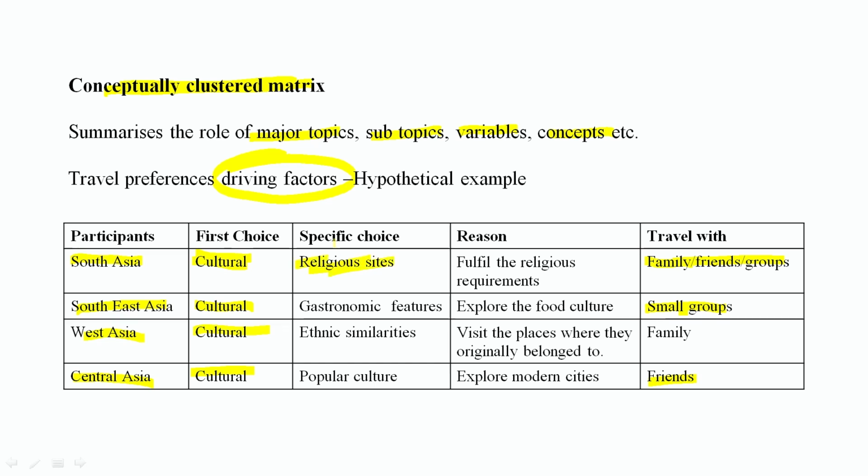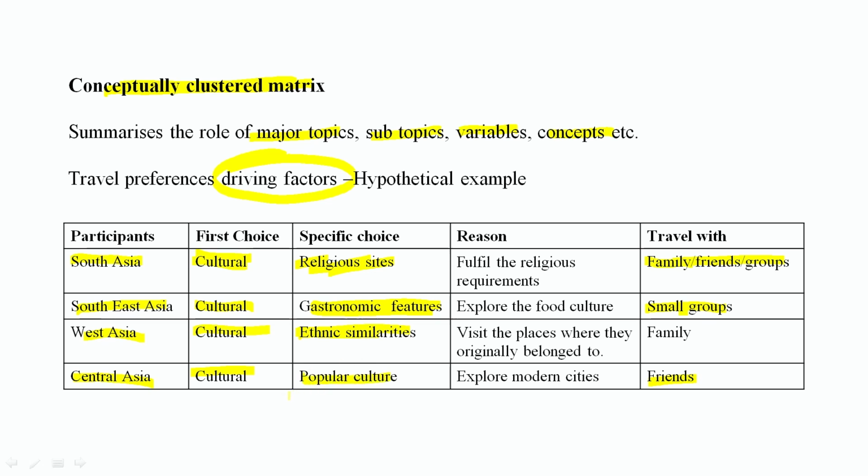And the data which I got from Southeast Asia was dominated by gastronomic features, searching for food or the choice of good food, the food as one of the major attractions of the tour program. Then some examples which I relate here are ethnic similarities, one of the choices which I connected with West Asia and Central Asia, where people looked for popular culture.